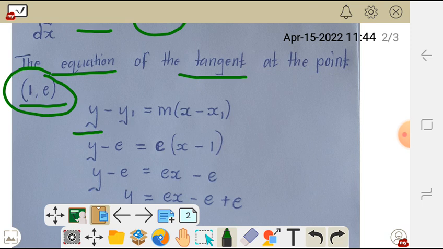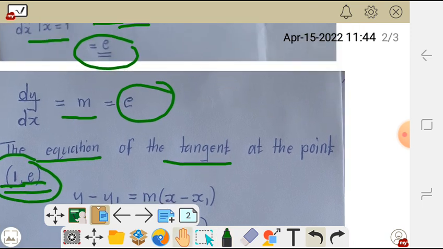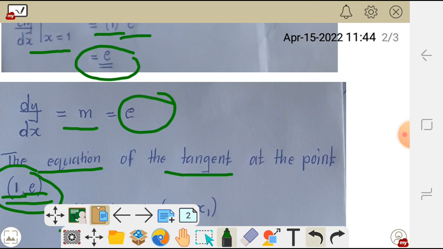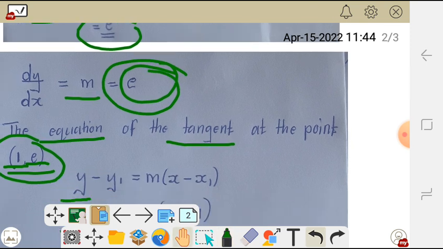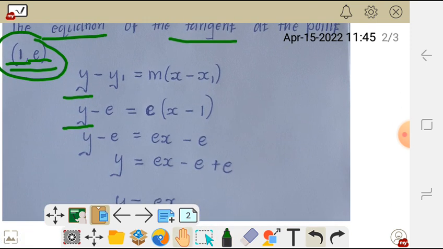Remember, our gradient was e, our y1 is e and our x1 is 1. So replacing that in our equation, we're going to have y minus e, which is our y1 value, equals m, which was our gradient, and then from there our x1 value is just 1. So we are going to replace it there.